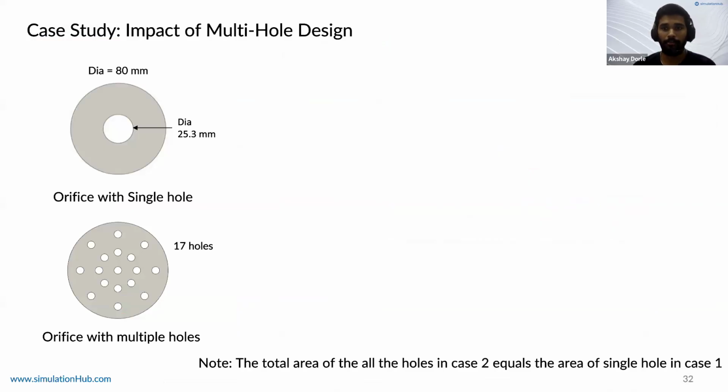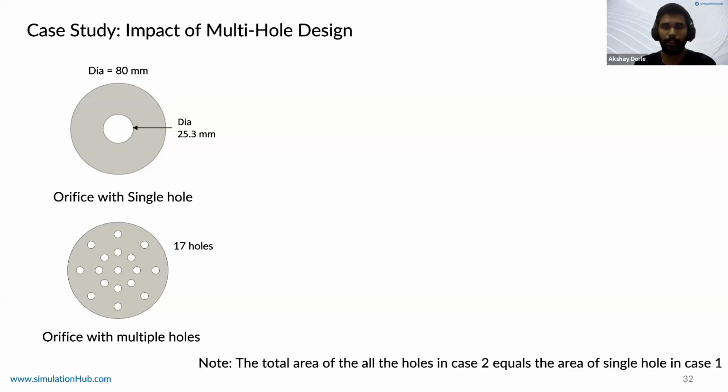Again, a time for a question for you guys. So we have two cases. It's an orifice plate. The top one has a single hole. The bottom one has 17 holes. The interesting point is in both the cases, the area of the hole is exactly the same.